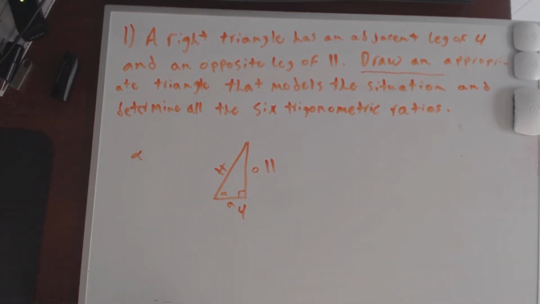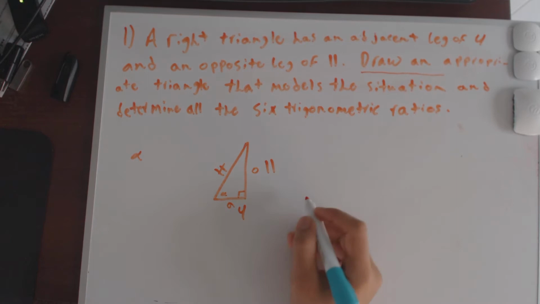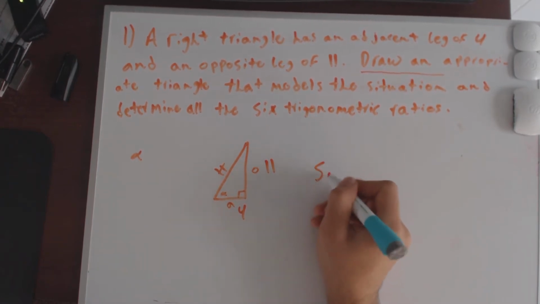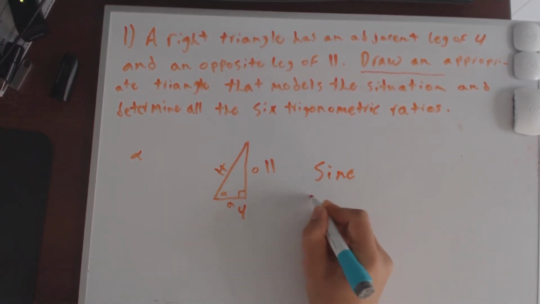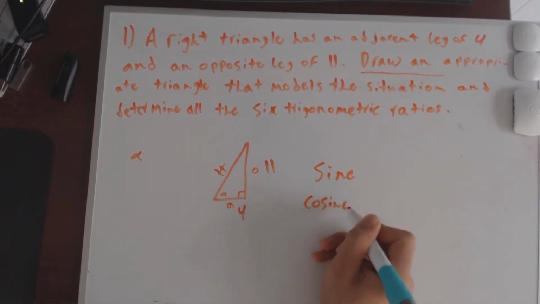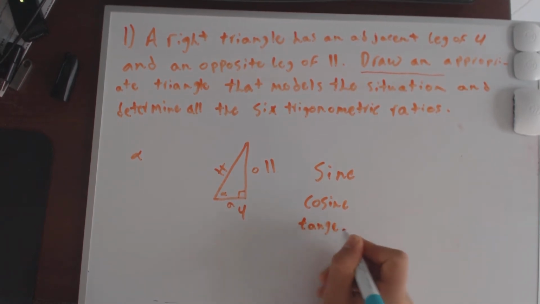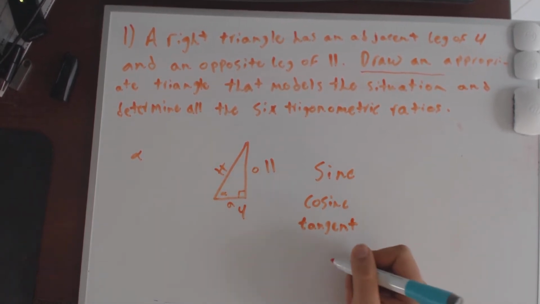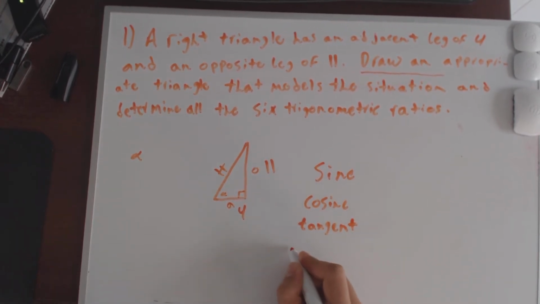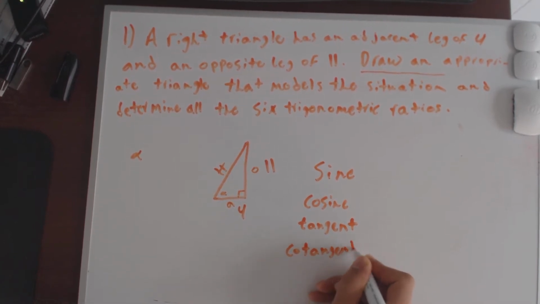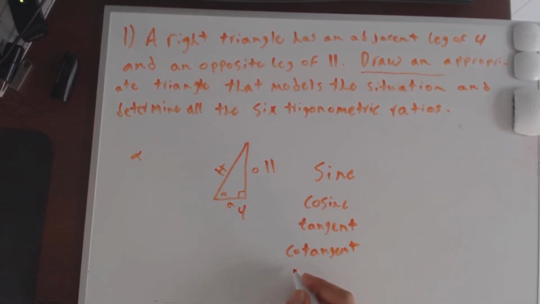And the 6 trigonometric ratios are sine, cosine, tangent, and now the opposites: the opposite of tangent is cotangent, the opposite of cosine is secant, and for sine it will be cosecant.